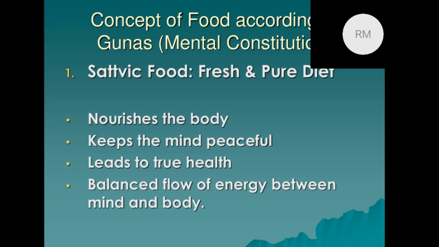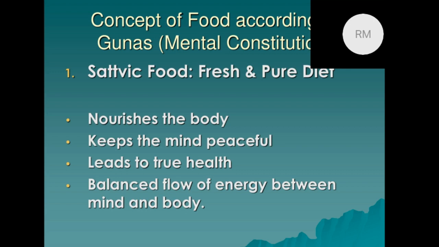Alcohol, for example, is considered not a sattvic food. Long-term use of alcohol, we all know, can have a negative effect on the mind. Meat, long-term and frequent use is not recommended. So these are not sattvic foods. Generally vegetables, milk, and rice are considered to be very sattvic foods.